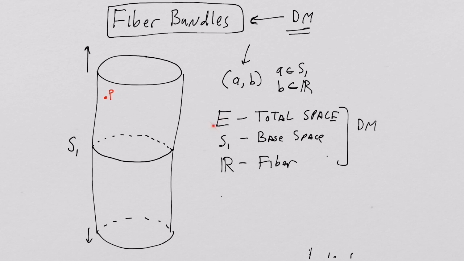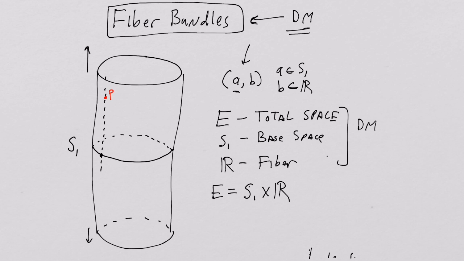The point is an element of E. It's not even an element of S1. It is an element of R, but it's not an element of R in general. It's an element of just the R that we can associate with that particular A. And that's what's so important here, is that what I'm really looking at is S1 Cartesian product R. That is the way E is constructed.